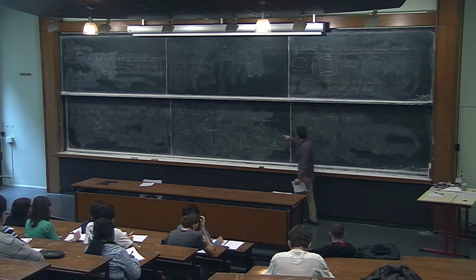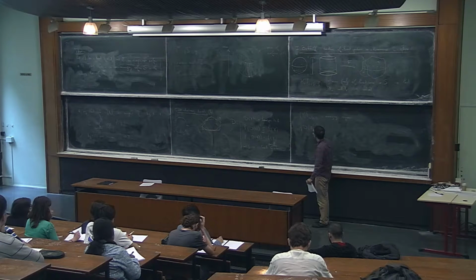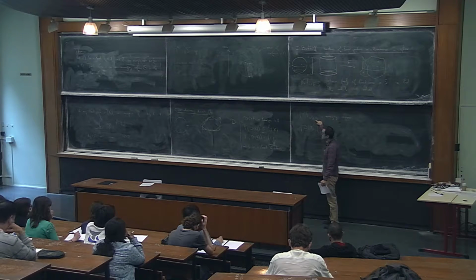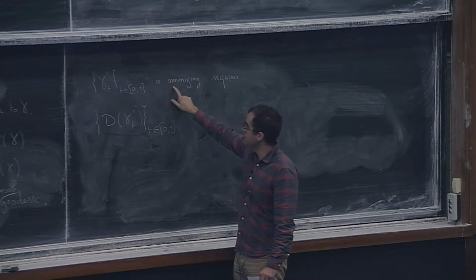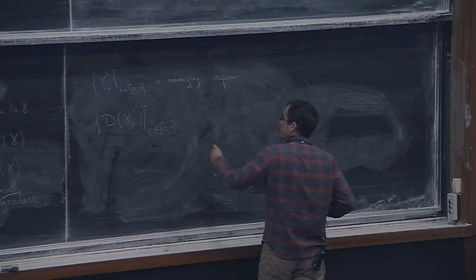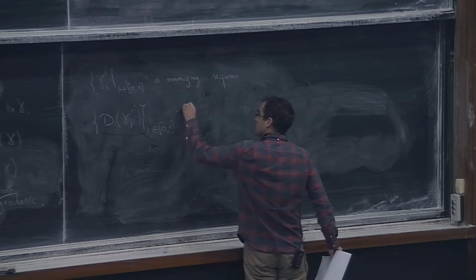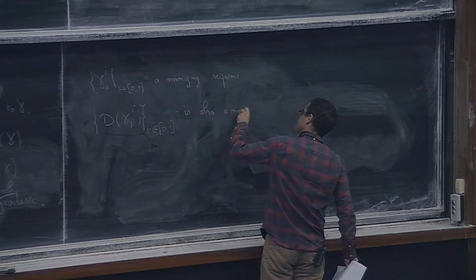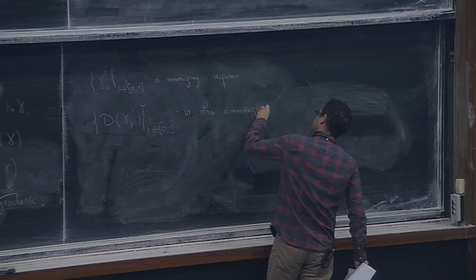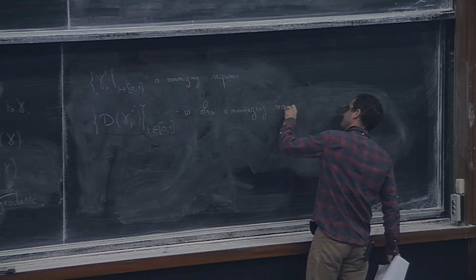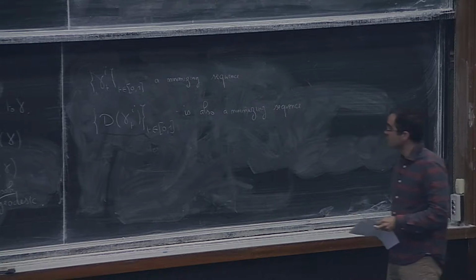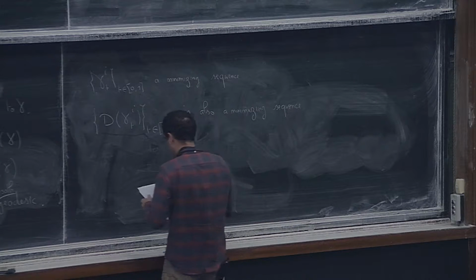And because of this, the sum of the length of this for i fixed and t moving from 0 to 1 is less than the sum of this for the same i. This is a minimizing sequence, so it's also a minimizing sequence. Okay. So now we can choose some t_i.